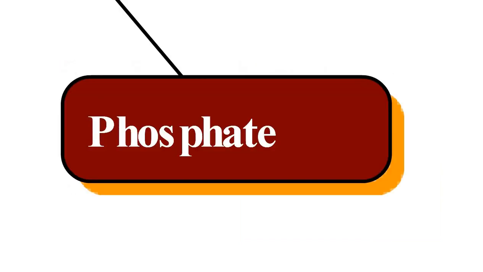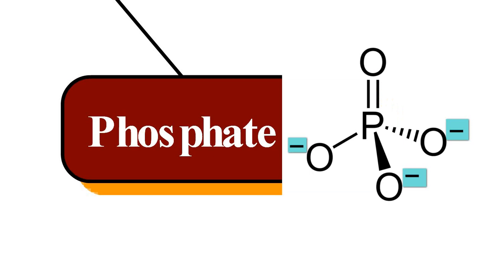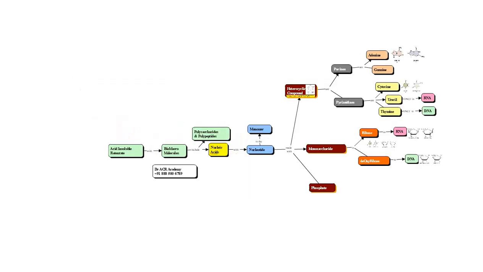Another important component present in nucleic acid is the phosphate. This phosphate is a negatively charged molecule, and as it is one of the key components of the monomeric nucleotide, it is responsible for giving the negative charge to DNA as well as RNA.